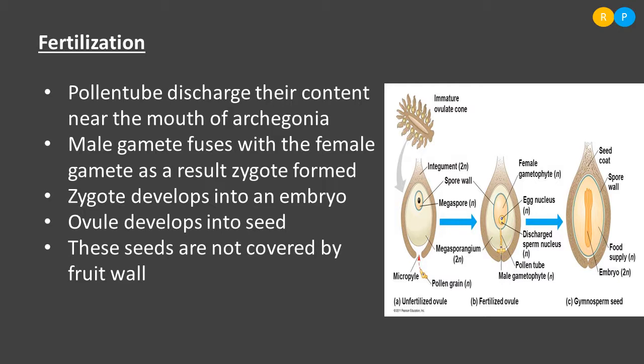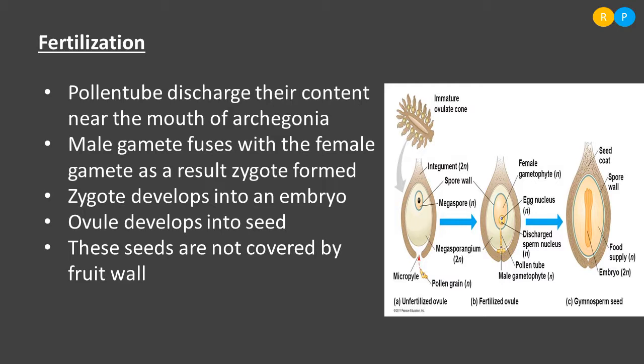There is no further outer covering to the ovule, so there is no fruit wall. Seeds are naked. Because of this, the gymnospermic plants are named naked seeded plants. They are not covered by any fruit wall.